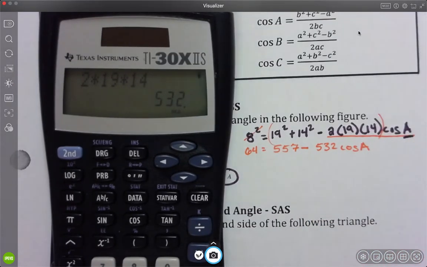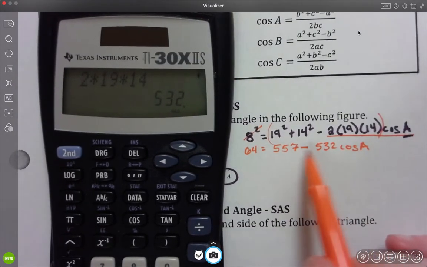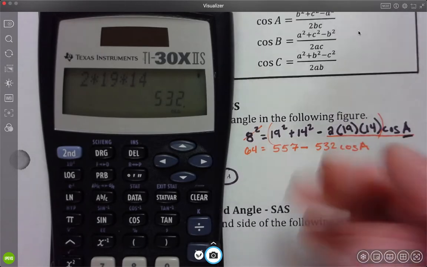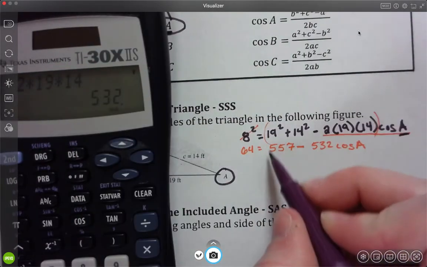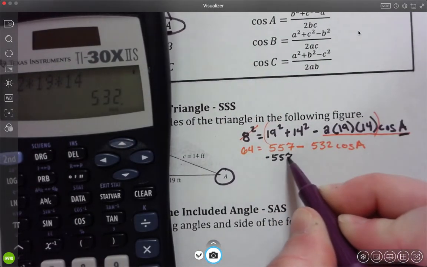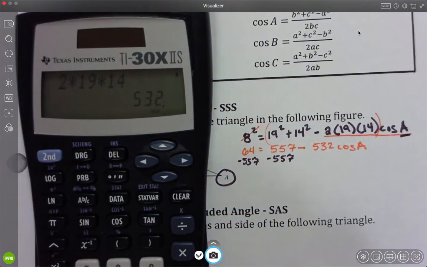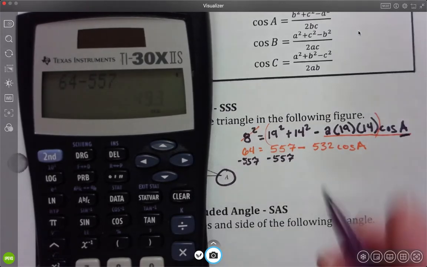And then after that, I cannot put those two together. I can't put the 557 minus 532 together. What I have to do is just move everything to the other side. So I'm going to subtract 557 first, which is going to give me a negative number, and that's okay. So I have 64 minus 557. I think I said 577 earlier.